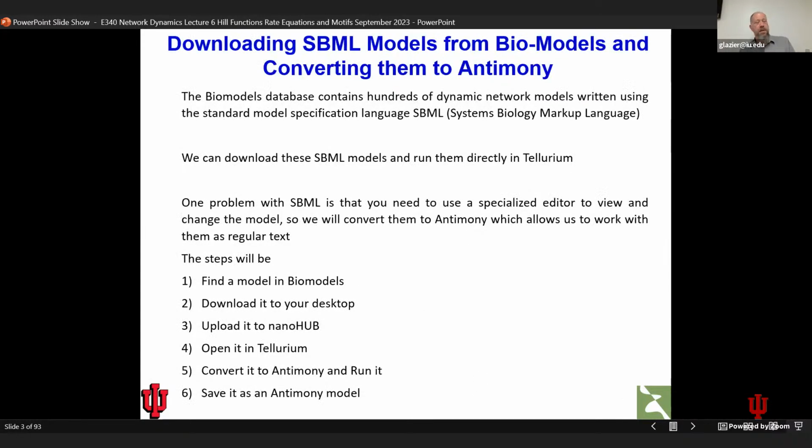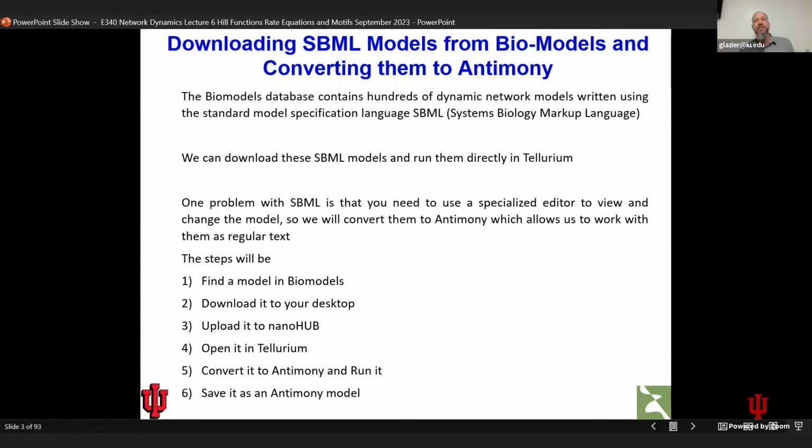So one of the things that we can do with Antimony is we have very human readable code. There is a model specification standard called SBML, Systems Biology Markup Language, which is used more than Antimony. And it's, in a sense, a more powerful language than Antimony. The problem with SBML is that it's like most markup languages, you don't want to be reading it and writing it yourself.